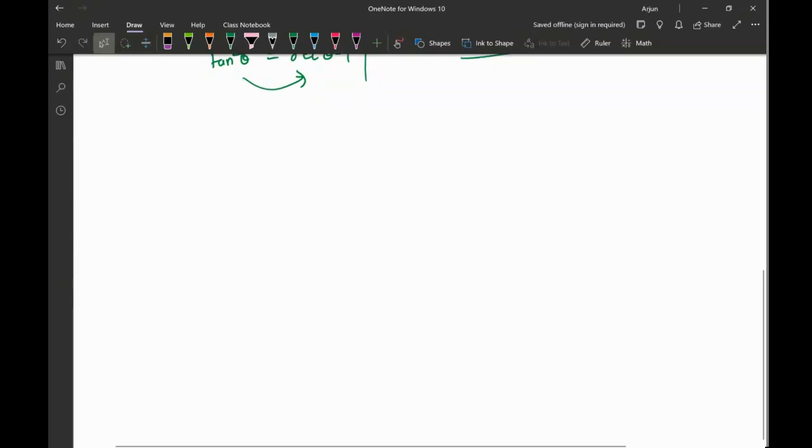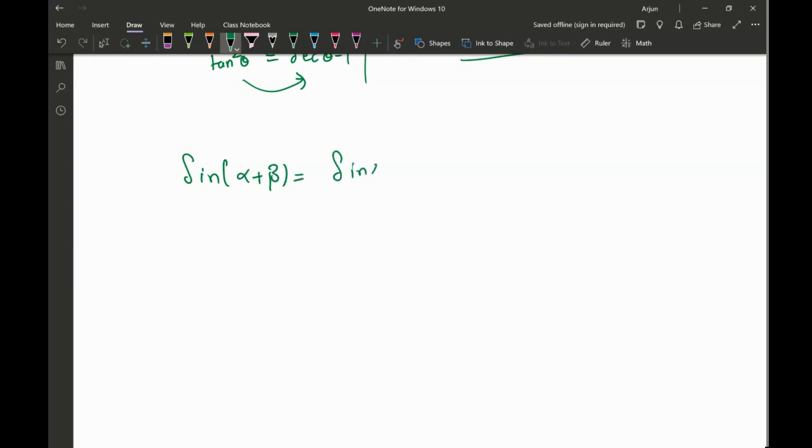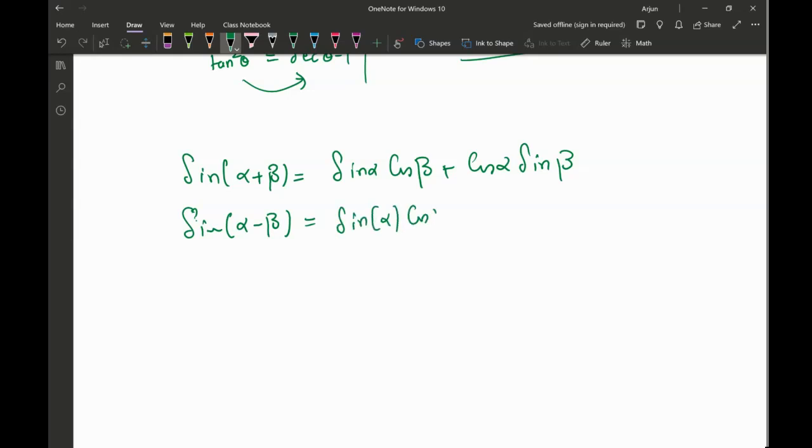Now there are some other identities also which we're going to talk about. Those identities are sum and difference formulas. So sine alpha plus beta is equal to sine alpha cos beta plus cos alpha sine beta. And sine alpha minus beta is equal to sine alpha cos beta minus cos alpha sine beta.